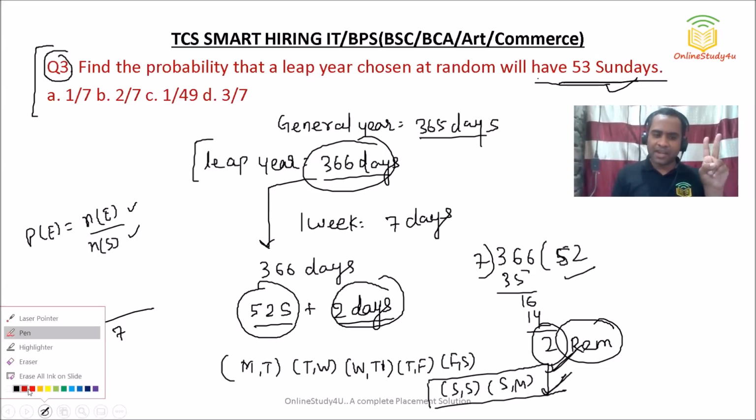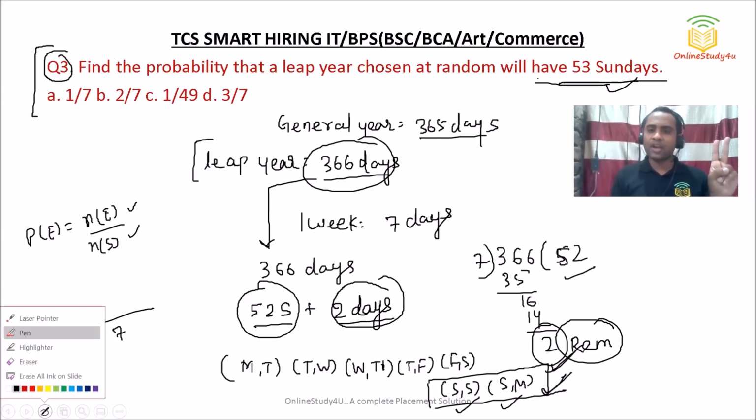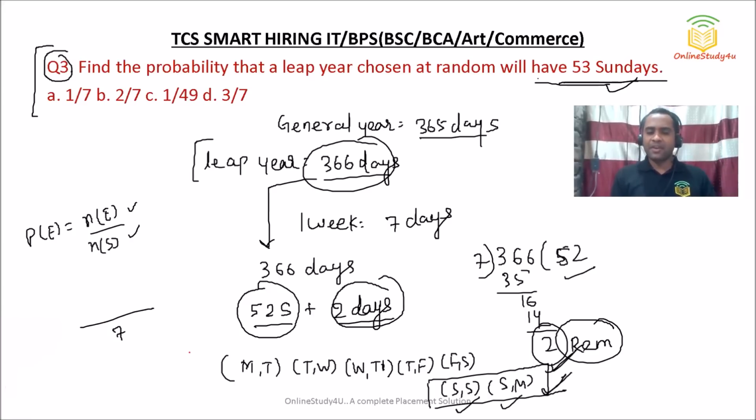So if that particular 2 days is this, then we will be having 53 Sundays, right? See, 52 Sundays we will have from 52 weeks. But another 2 days, if it is Saturday, Sunday, or if it is Sunday, Monday, then we will be having 53 Sundays in a leap year. So total number of days is 7, and our requirement is nothing but 2.